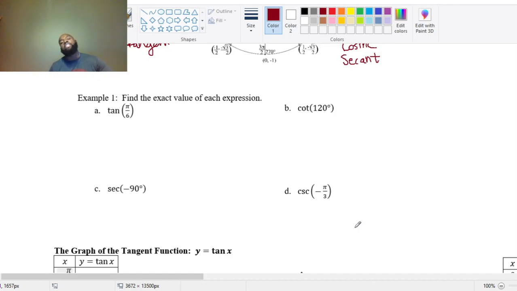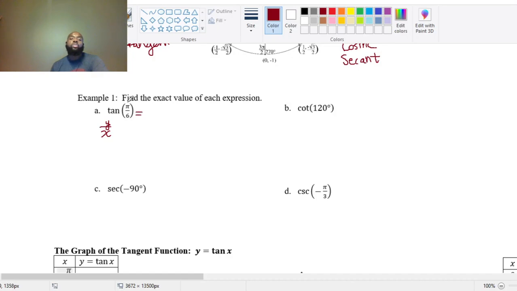We're going to start with the tangent of pi over 6. Now, I've memorized the first quadrant of my unit circle, and I know these relationships between numerator and denominator when my angles are written in radians, right? Pi over 6 is in the first quadrant. That's equivalent to that 30-degree angle. We're going to remember that tangent is y over x.